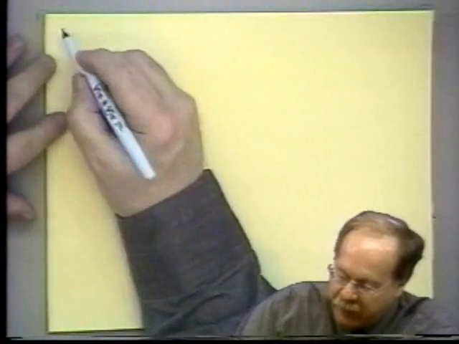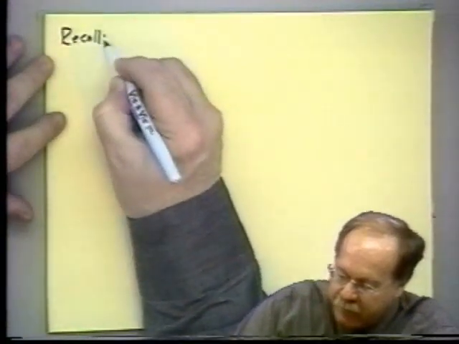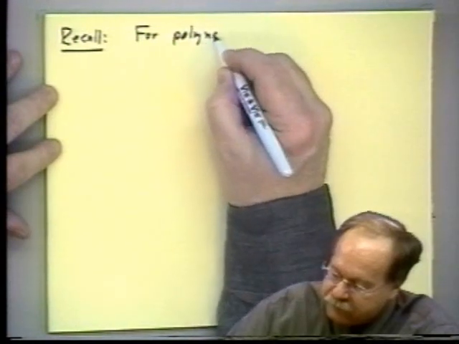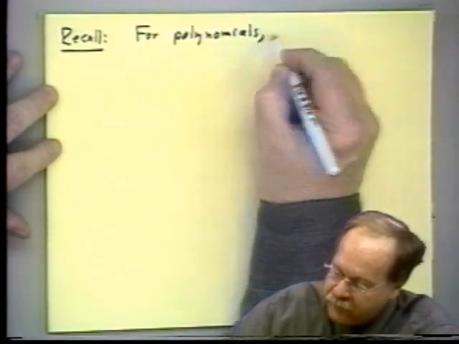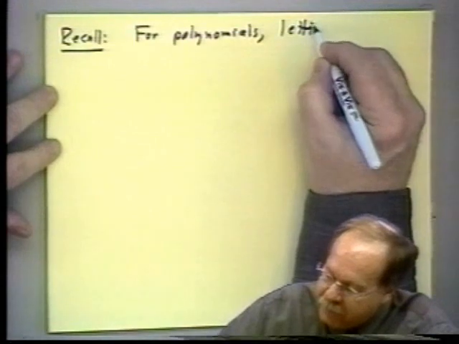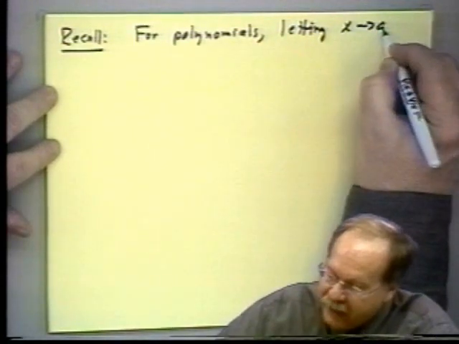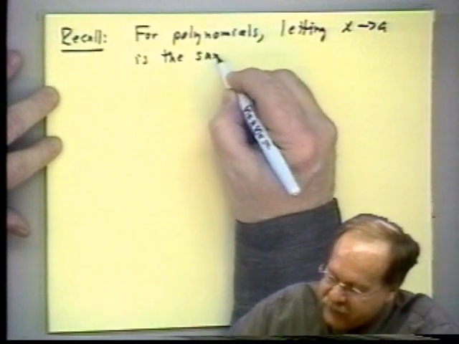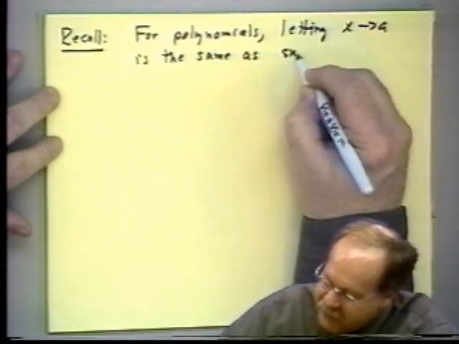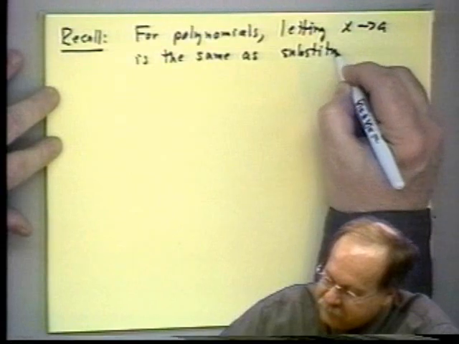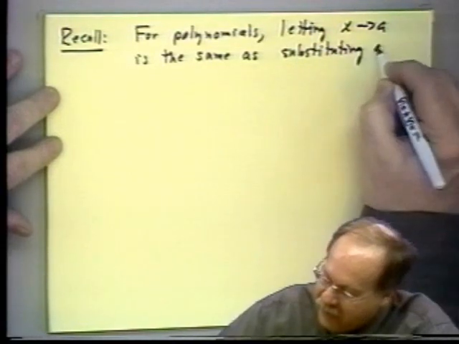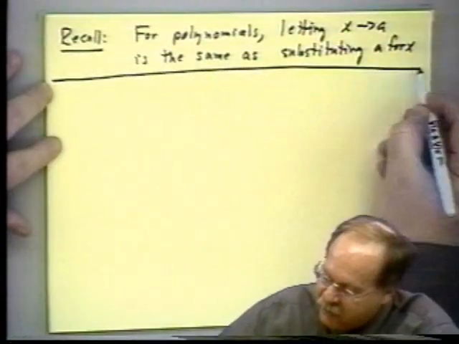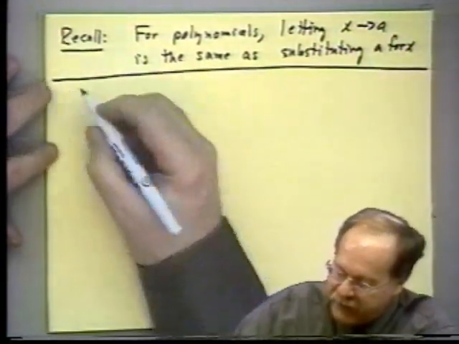Let's recall what we know about polynomials so we can apply it here. Recall, for polynomials, letting x go to a is exactly the same thing as substituting a for x. So taking a limit with polynomials is very, very easy.